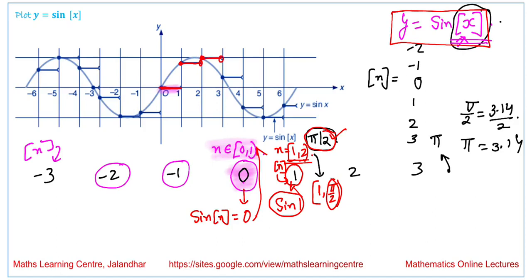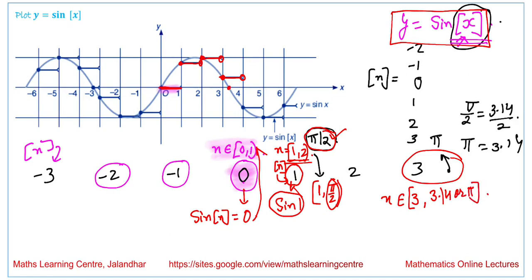Then the values will change at this point, at 3 to 4, and the answer will be in this form. Suppose I am talking about the interval 3 to 3.14, which we write as pi.